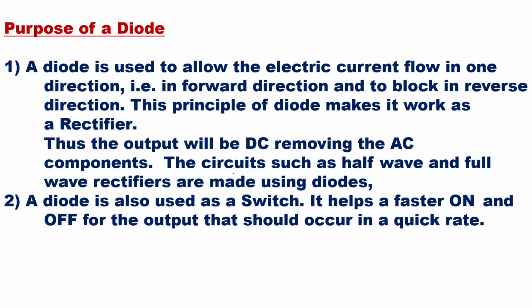Then what is the purpose? Why are we studying this diode, and where is it commonly used? The feature of a diode is that it can allow current only in one direction. Say, for example, this is your current waveform.